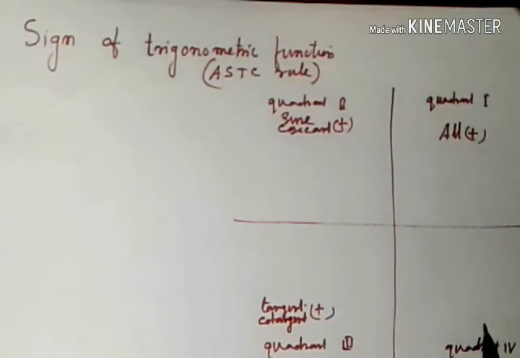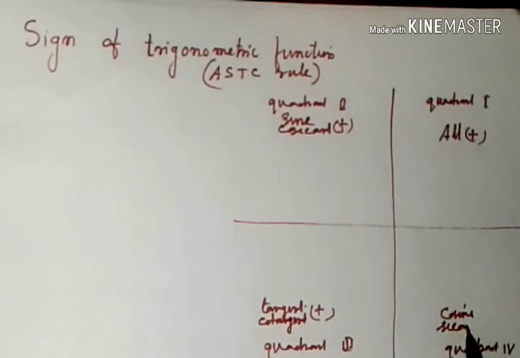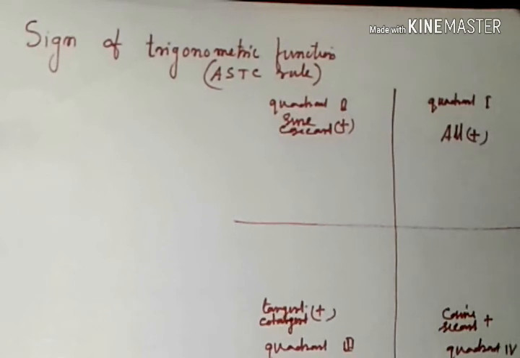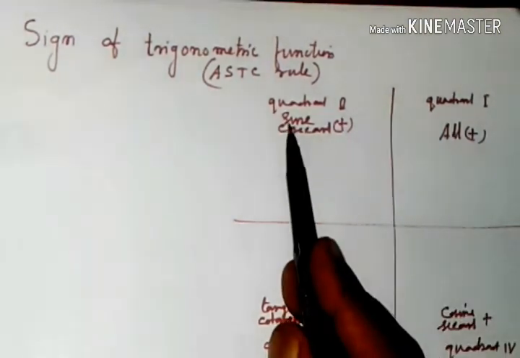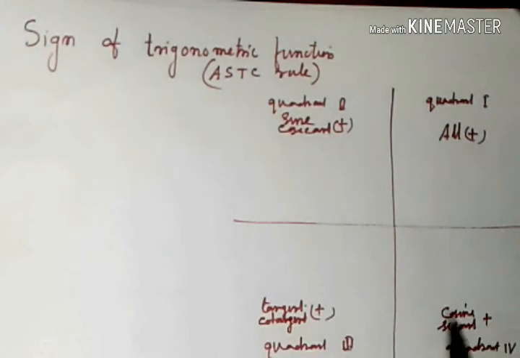And in the fourth quadrant, cosine and its reciprocal secant are positive. And this is ASTC. This is called ASTC rule.